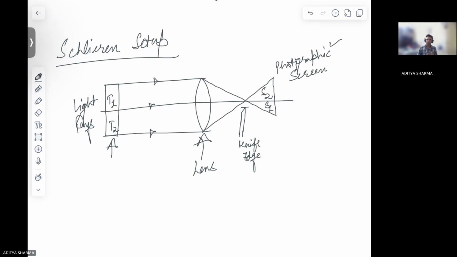And when it has changed its path, this knife is going to hinder some rays, right? And then you are going to get some dark patches on your screen, right? And these dark patches are basically because there is refraction in the rays because of density variations, right? This way we can use this Schlieren setup to see how the density is varying, right?